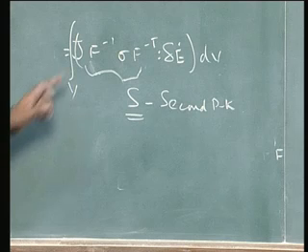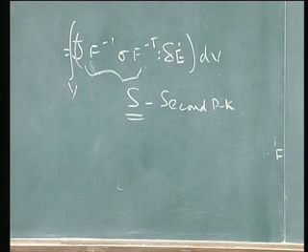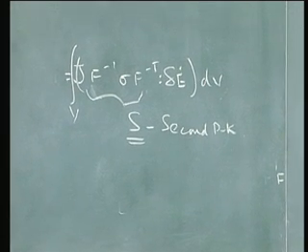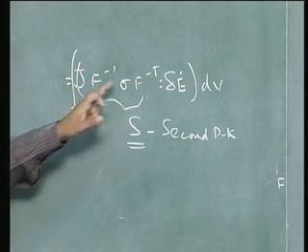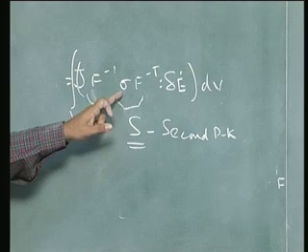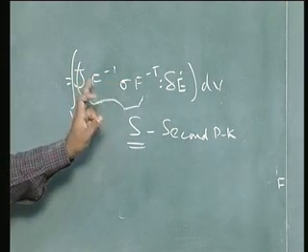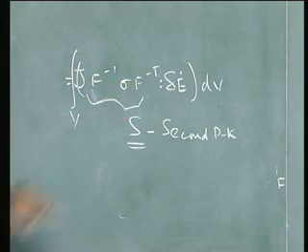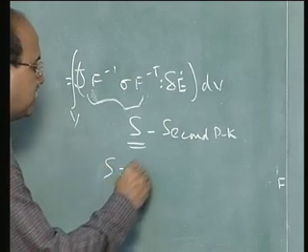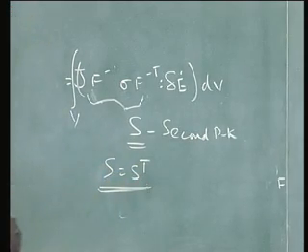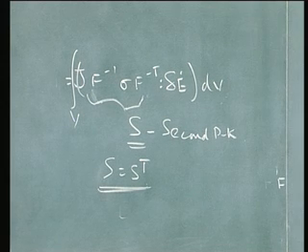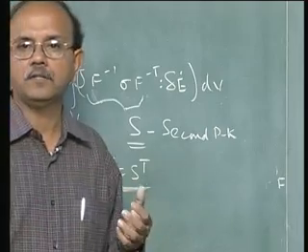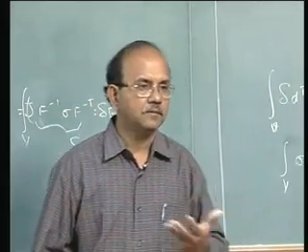The advantage of this is that, look at this, suppose I take the transpose of S, then F inverse transpose becomes F inverse, sigma being equal to sigma transpose, so S is equal to S transpose, and hence the second Piola-Kirchhoff stress is a symmetric stress tensor. It's a very important conclusion, that the second Piola-Kirchhoff stress is a symmetric tensor.